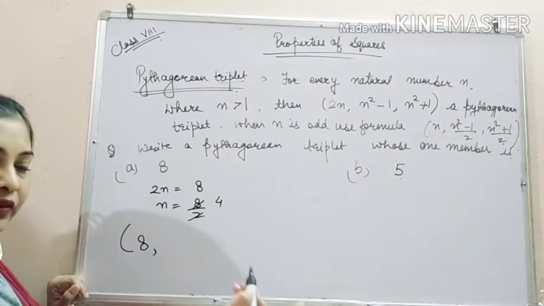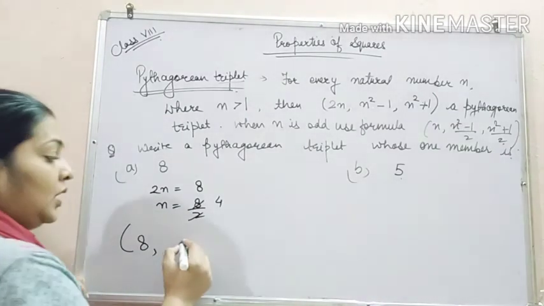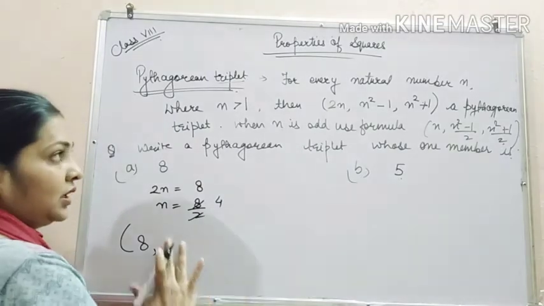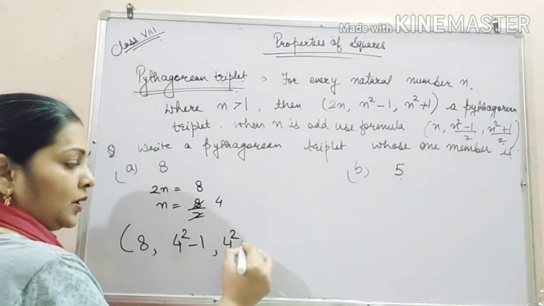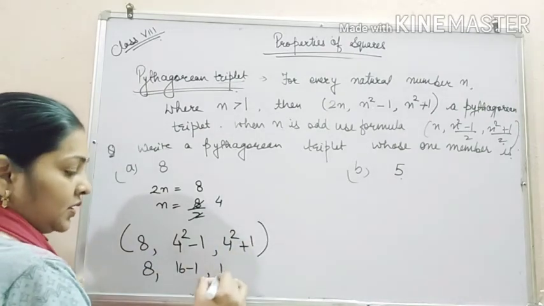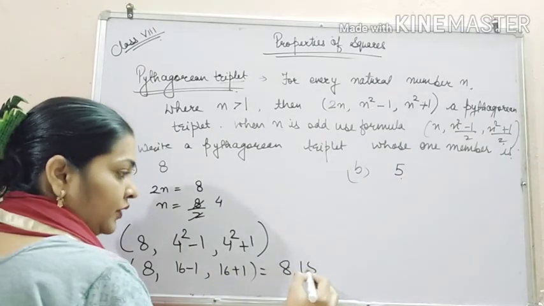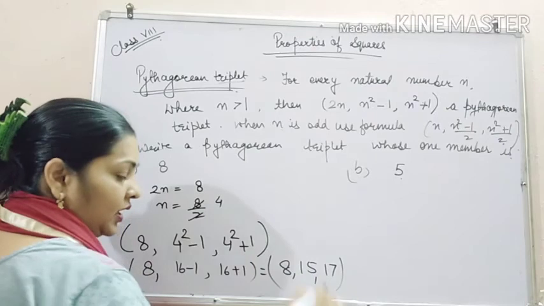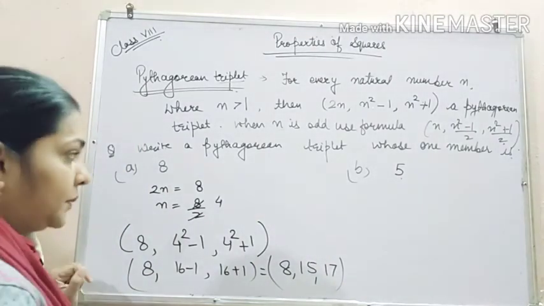First one is 8, we know already because we have taken 2n is equal to 8. Now put the values in the others. 4 square minus 1, 4 square plus 1. 8, 16 minus 1, 16 plus 1. 8, 15 and 17. This is a Pythagorean triplet.